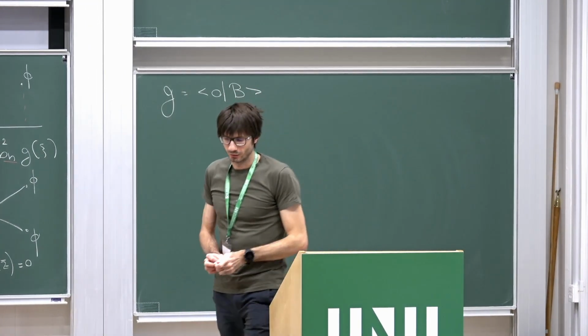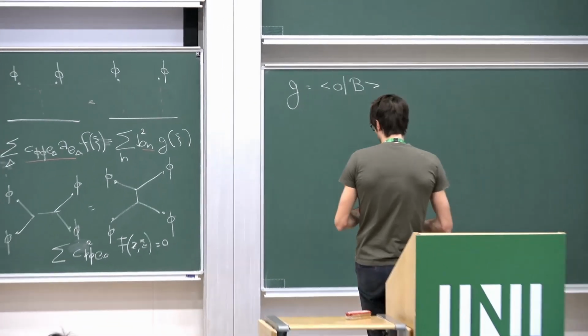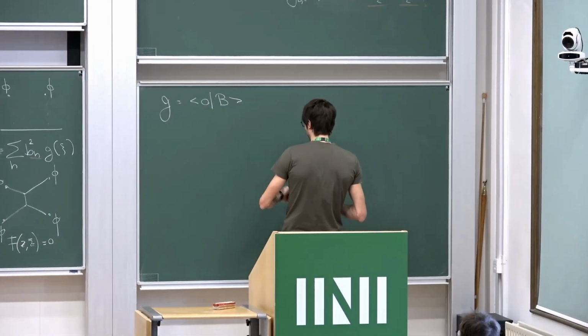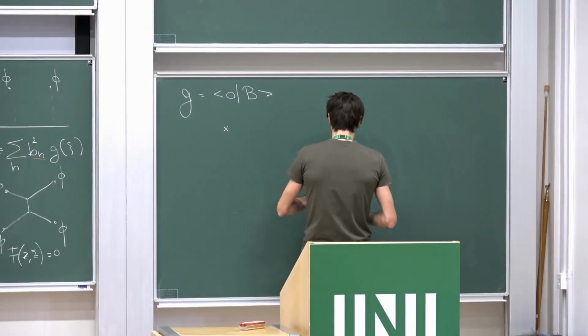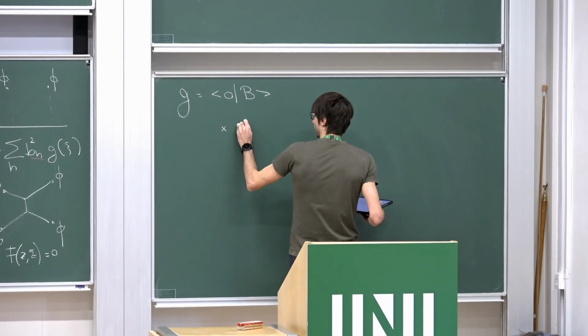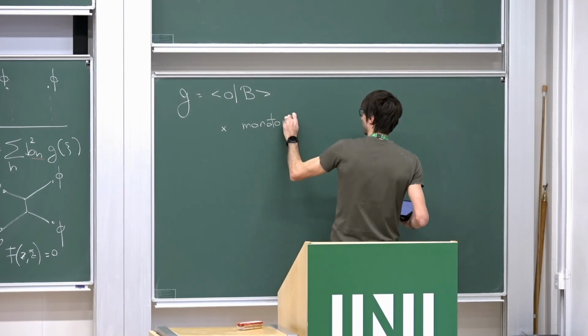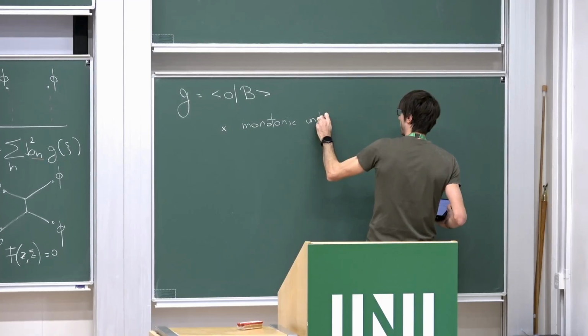And it is rightfully famous, not just because it is physical, but because it has a few nice properties, most important of which is that it's monotonic under RG, boundary RG.